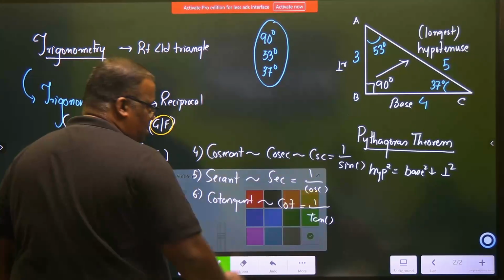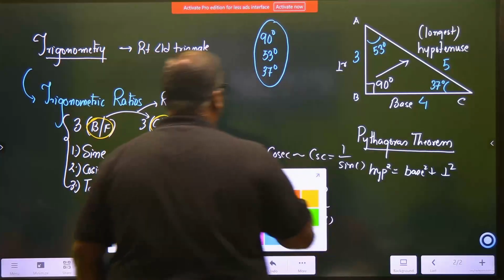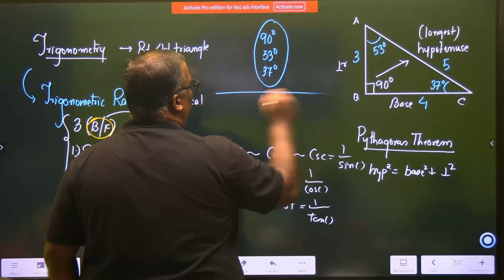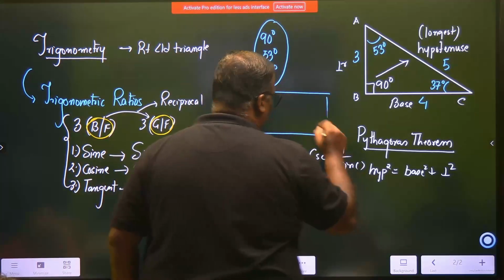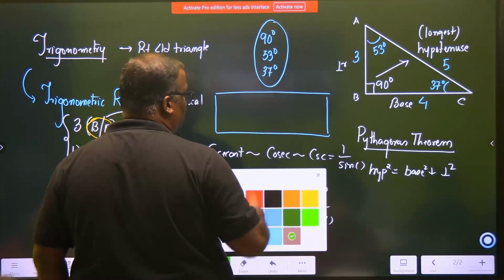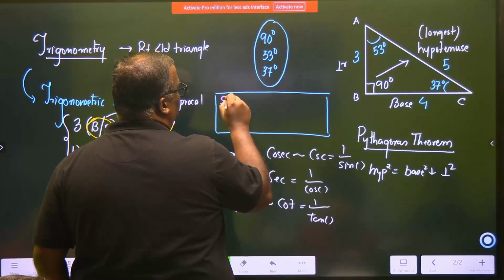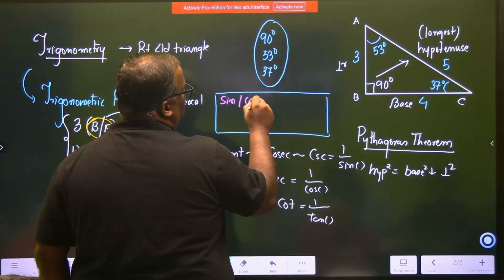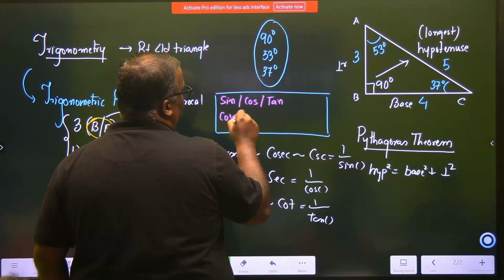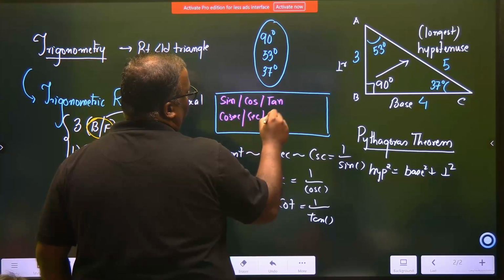So all these happy stories finally come down to a small block, what we are going to study now. And that block is all about learning 6 trigonometric ratios. And the 6 trigonometric ratios are the sine ratio, the cos ratio, the tan ratio, the cosec, the sec, and the cot ratios.